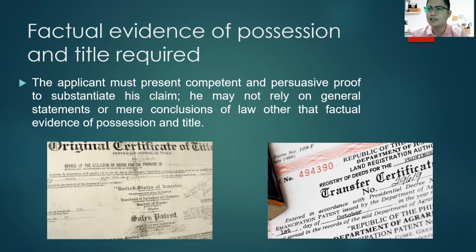Unlike in other trials like criminal cases, which need witnesses or testimonial evidence or affidavits, in land registration proceedings you need documentary evidence such as title, certificate of title, certificate of ownership, and transfer certificate like that.